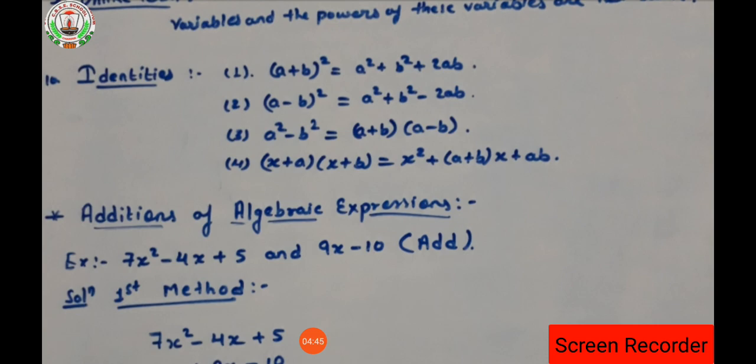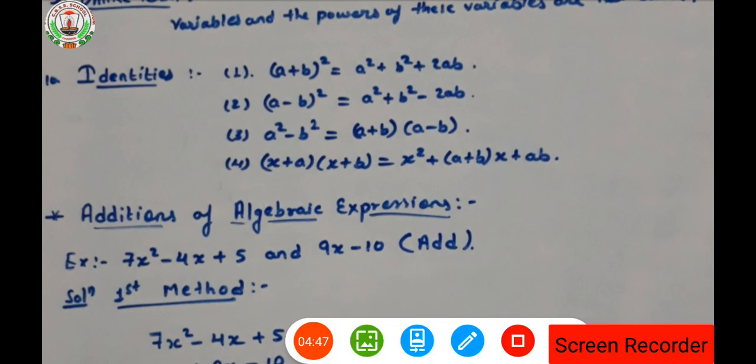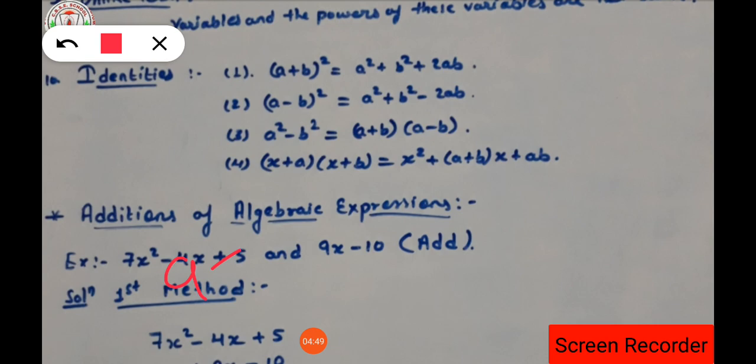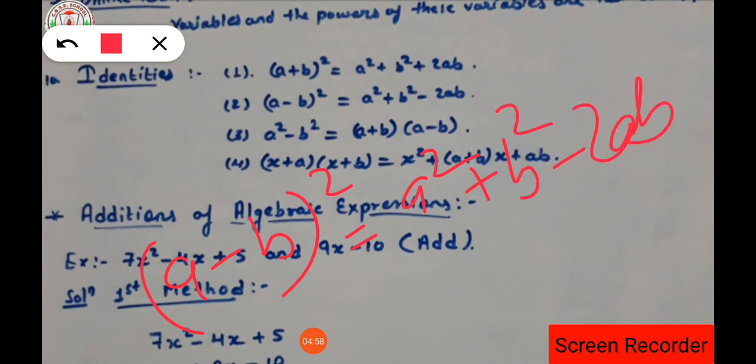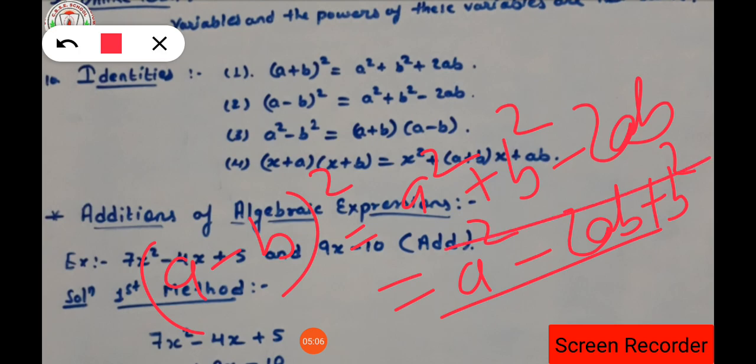Clear? Then the second one is a minus b the whole square, which is equal to a square plus b square minus 2ab. It can also be written as a square minus 2ab plus b square. Both have the same values.